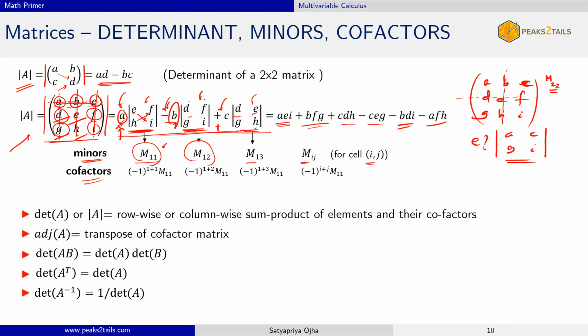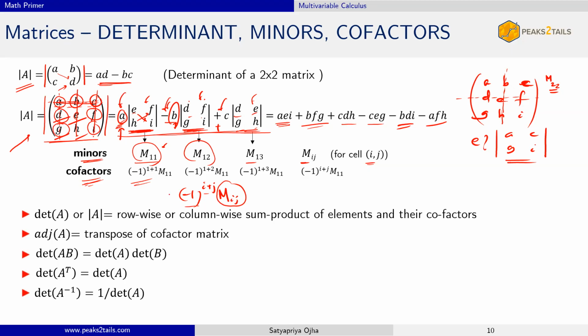We need something that takes care of that sign, and that's where cofactors come in. Cofactors are given by -1 to the power i plus j, times Mij. You take the minor, a determinant of the remaining entries, and multiply it with -1 to the power i plus j. You already know what is i, what is j.